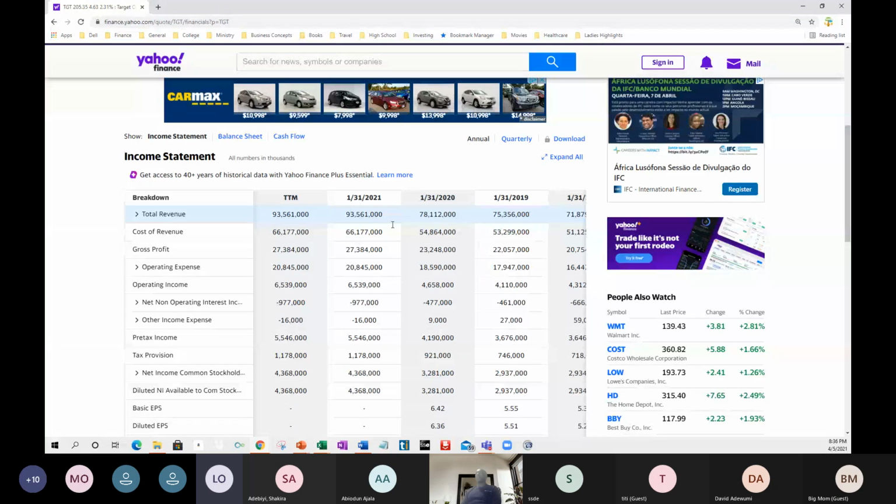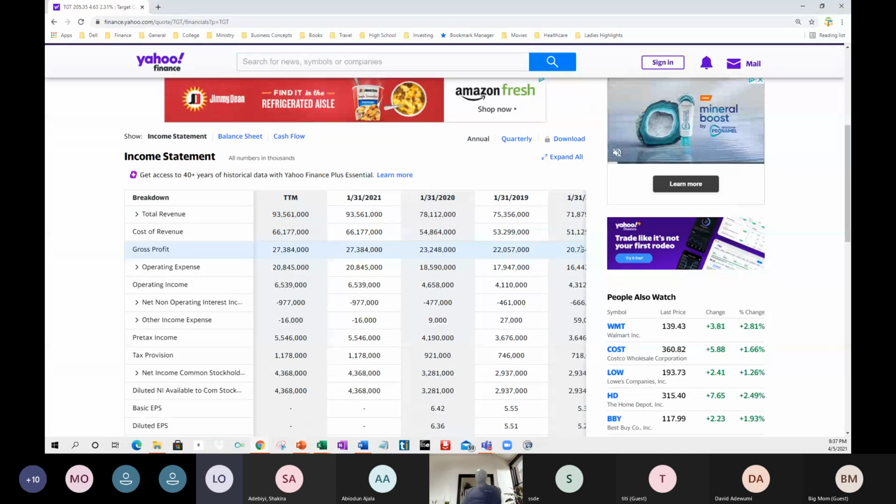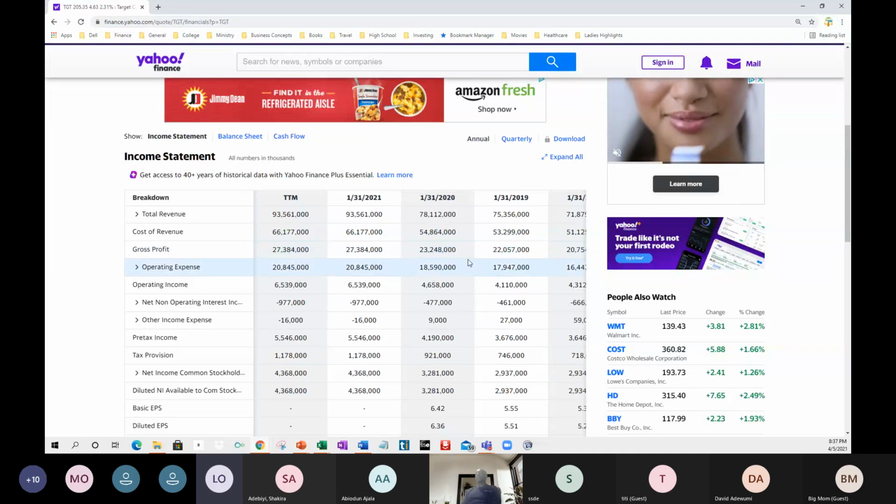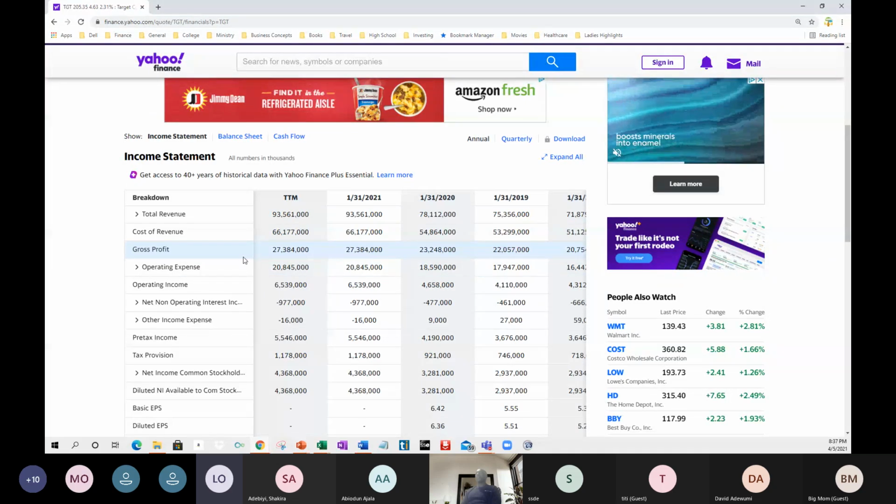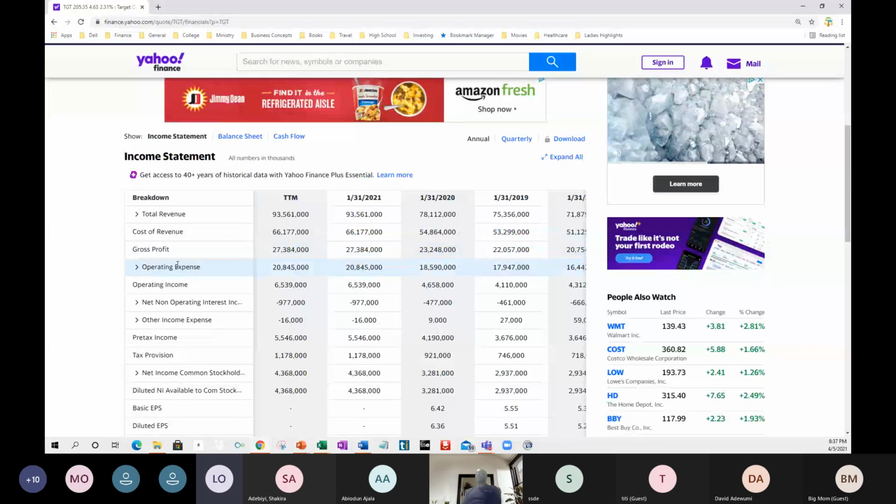If the income is growing, but the gross profit is not growing, that means their cost of business is increasing faster than the rate of revenue generation. So you want to look at that. But in this case, there's a steady almost 2 to 3 billion or so increase on an annual basis in their gross profit. Good sign.